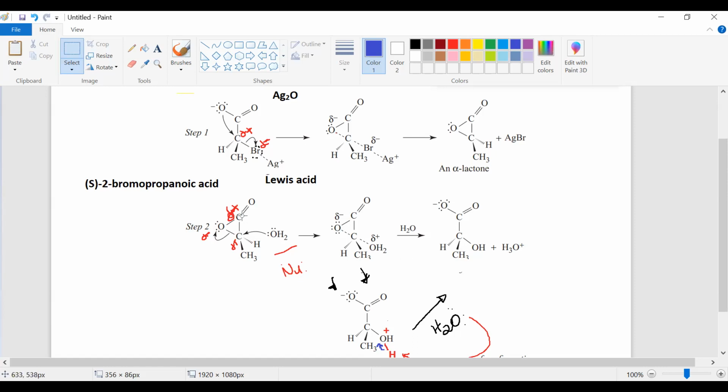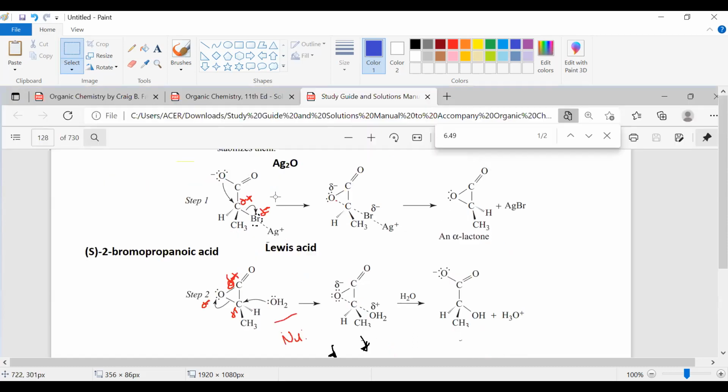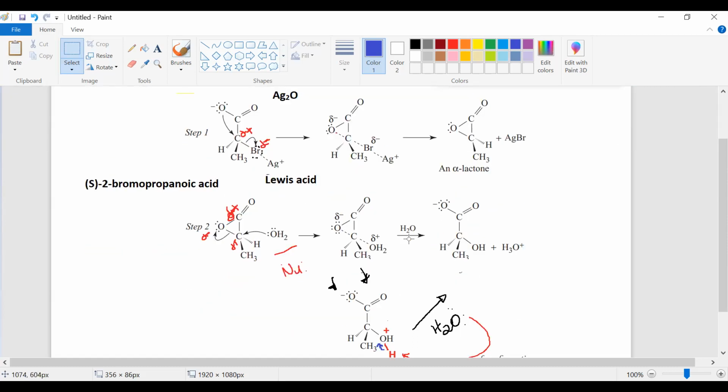Because this is oriented towards you and that one away from you, the OH will attack here. And you get the retention of configuration. And that is the purpose of your AG here, to have your retention of configuration. So it follows a substitution reaction, but very much not similar to the SN2 reaction.